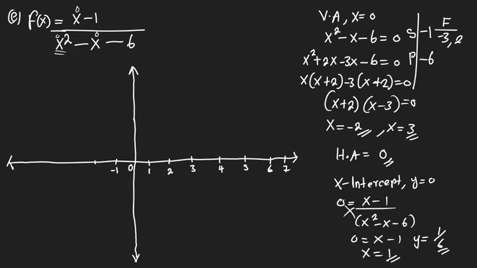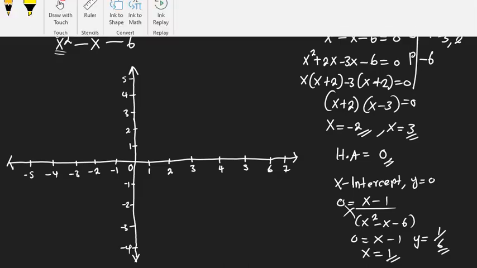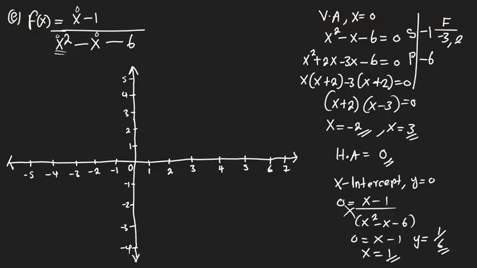On the vertical axis, a 1, a 2, this is -3, -4, -5. Then 1, 2, 3, 4, 5 and -1, -2, -3, -4.